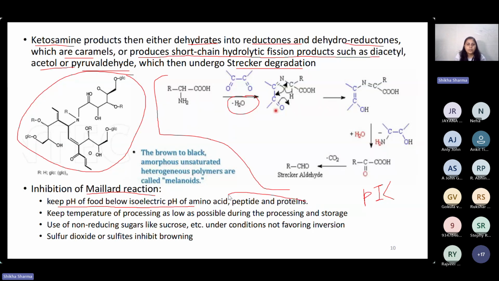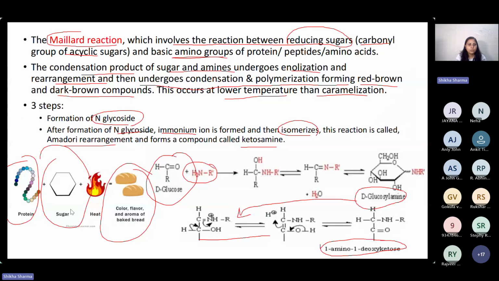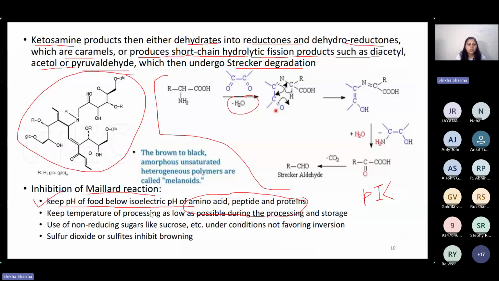The structure of these will denature and collapse, so it will lose its functionality. Because of low pH, the reaction may not proceed, because here we need protein or the amino groups to carry out the reaction. If the functionality of the amino acids is lost, we cannot carry out this Maillard reaction.